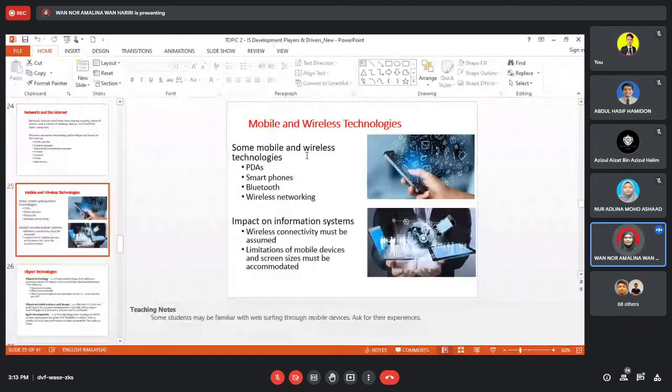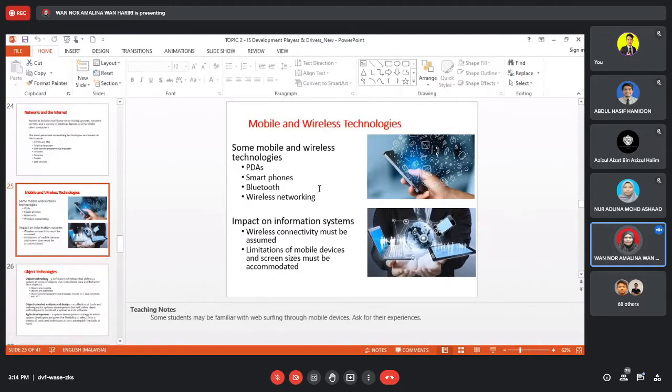Besides that, we have mobile and wireless technologies. Before this, we only used mobile phones merely for making calls, receiving calls, and sending and receiving messages. But with the advancement of technologies, mobile and wireless technologies are now being used for many, many other things, right?